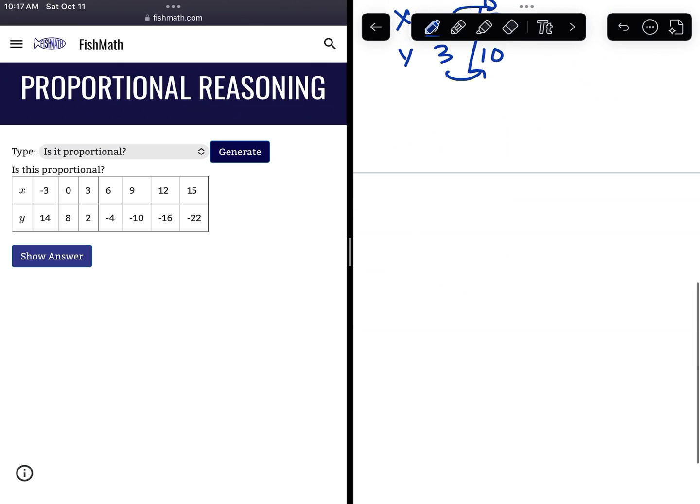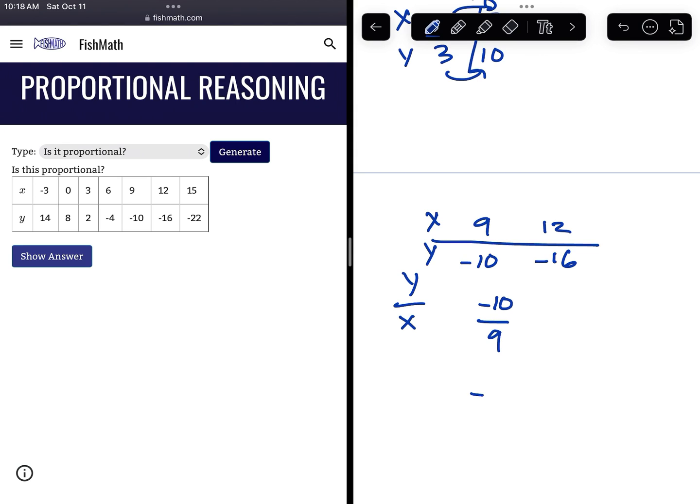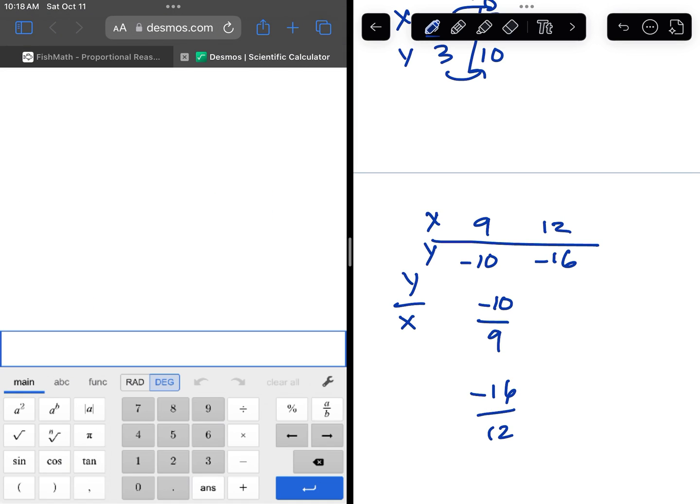Let's look at another reason the table doesn't work. If you divide your y's by x's, they have to be the same rate. So if we take, just pick any 2 points really, (9, -10) and (12, -16). If I take -10 divided by 9 and -16 divided by 12, if it's proportional, they would be the same.